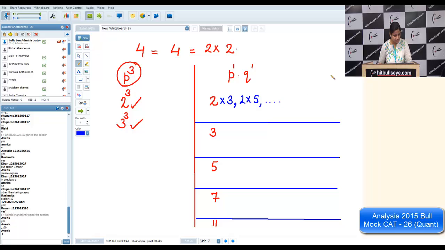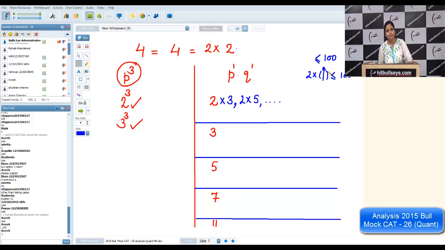Somebody was asking of shortcut of this. See Rituparna, we cannot use any shortcut in this. Rather, we can say our number should be less than equal to 100. So if you are multiplying 2, what should we multiply with 2 that my number will become less than equal to 100? It means we can consider the second number to be less than equal to 50.